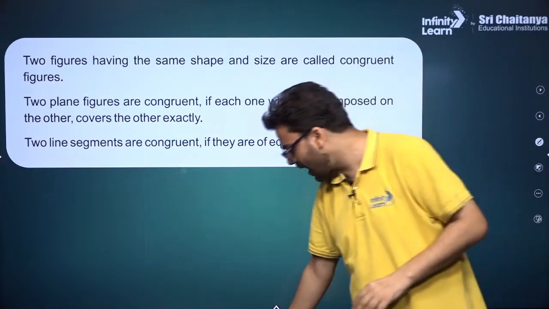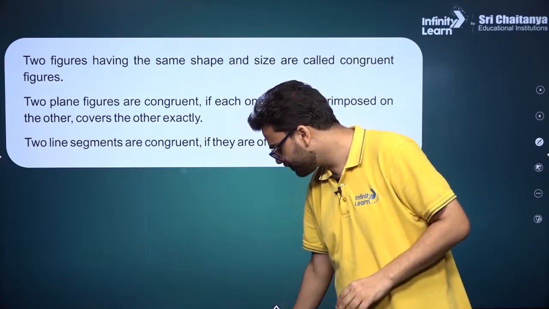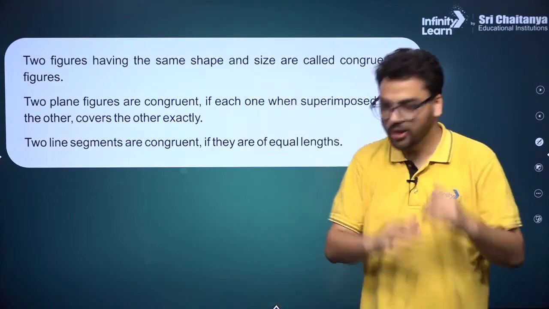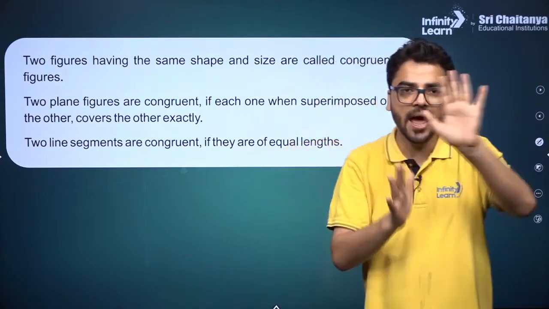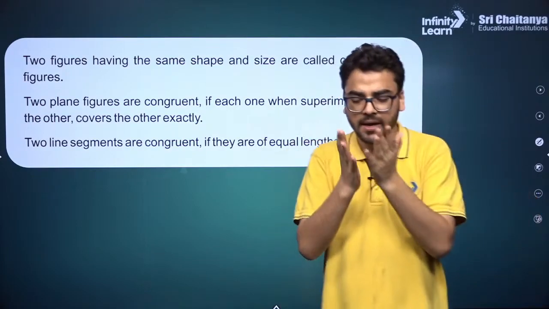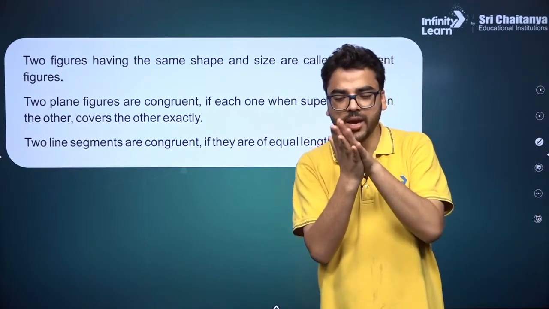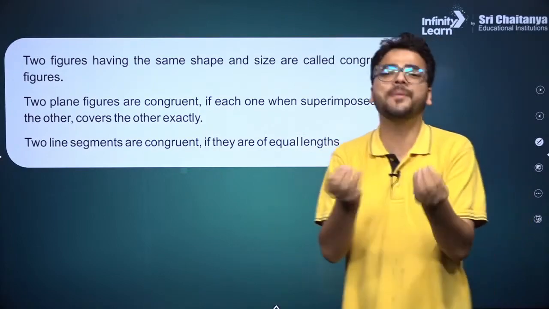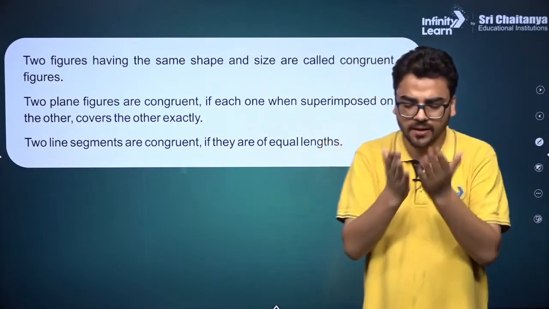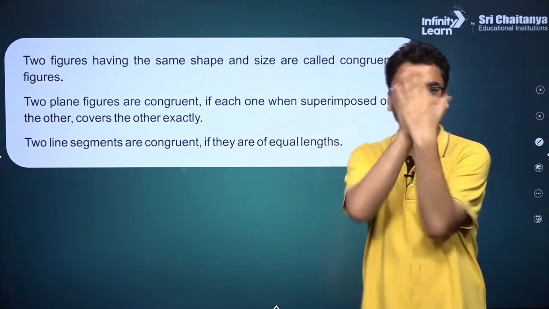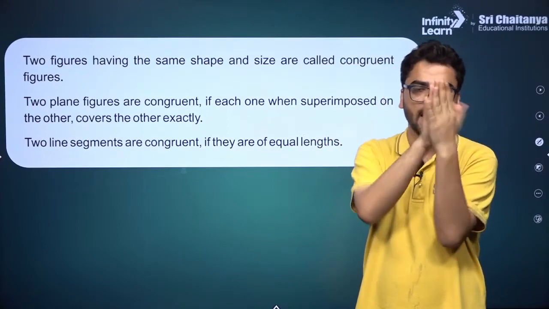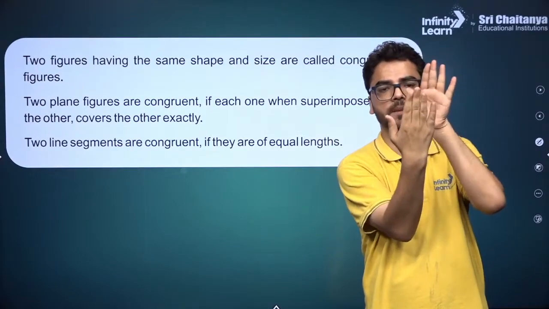So just take an example over here. Although they are not exactly congruent, the palms of our hands are of the same shape mostly. Don't take it exactly, you know that the palms will not be exactly the same, but still just to understand, if you put one palm on the other and see from this side, you will not be able to see the palm behind it, and if you see like this, you are not able to see the palm behind it.